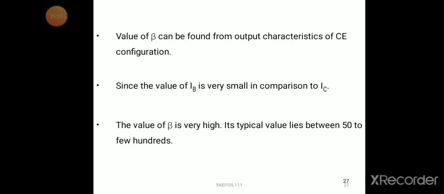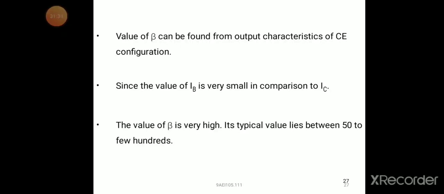That's why the current amplification factor of the common emitter is very high compared to the common base. This is one of the features of the common emitter.